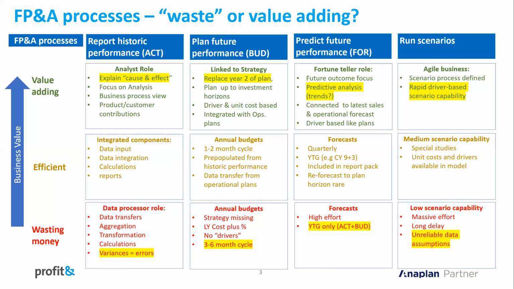In budgets, the best companies use budget simply as a replacement of year 2 of the plan, and then add another year on to their planning. And I talk a lot about finance departments needing to be fortune tellers, and that's where we come to the forecasting process.